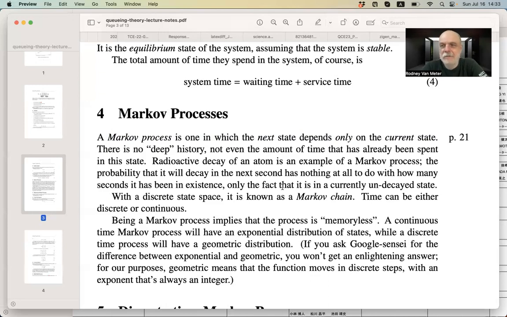In the next second, there is a fixed probability that it will decay. If we have a discrete state space, then we have a system known as a Markov chain. With a Markov chain, time can be either discrete or continuous, but the set of states is discrete, meaning, for example, the atom can be either decayed or undecayed. It can't be halfway decayed or 90% decayed. It always either is or isn't.